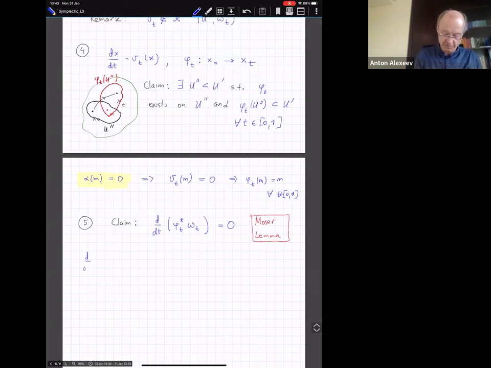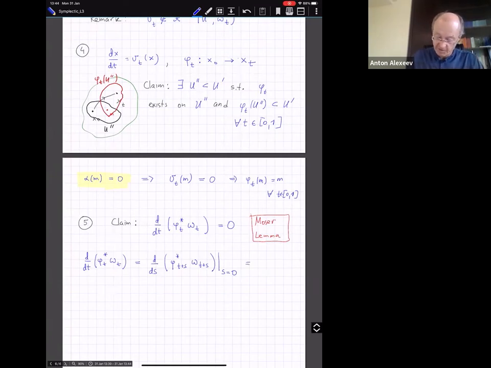So we have d over dt of phi t star omega t. And now let me rewrite it in the following way. I say that this is d over ds of phi star t plus s omega t plus s at s equals 0, right? This is, of course, just a triviality, some kind of formal manipulation.